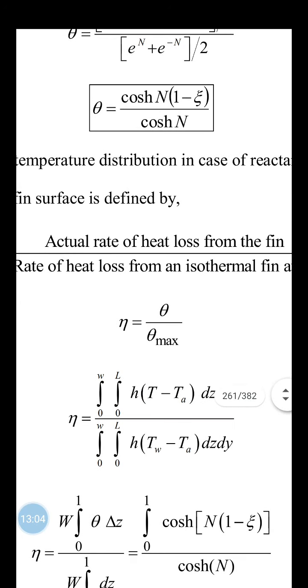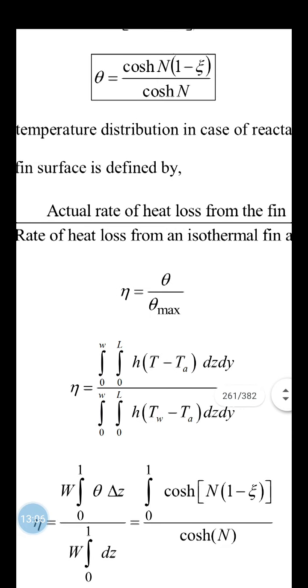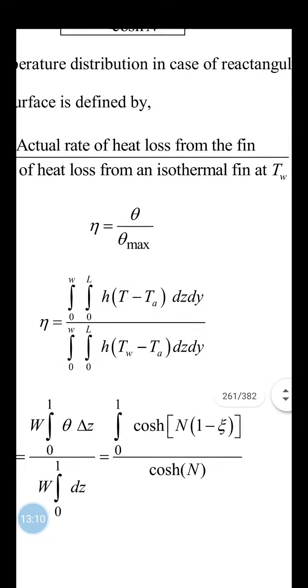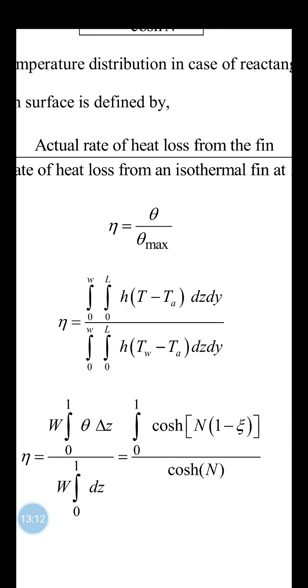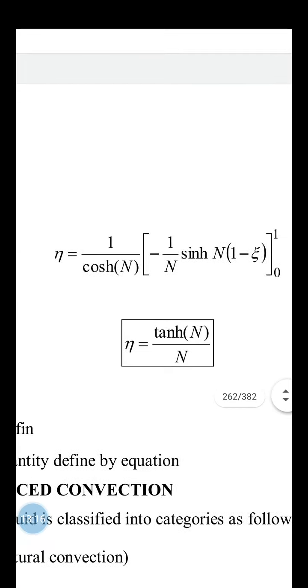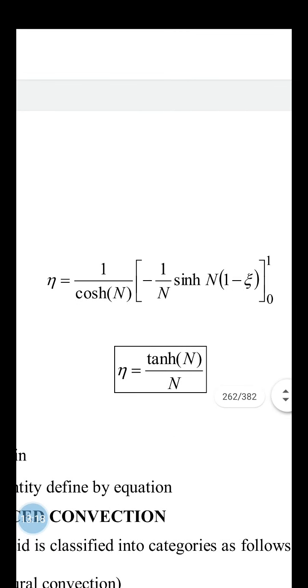Again you can put the value of theta here as (T minus Ta) upon (Tw minus Ta). You will get cos hyperbolic n (1 minus zeta) upon cos hyperbolic n. You will get the equation as cos hyperbolic n, bracket, minus 1 by n sin hyperbolic n into (1 minus zeta), where zeta varies from 0 to 1.